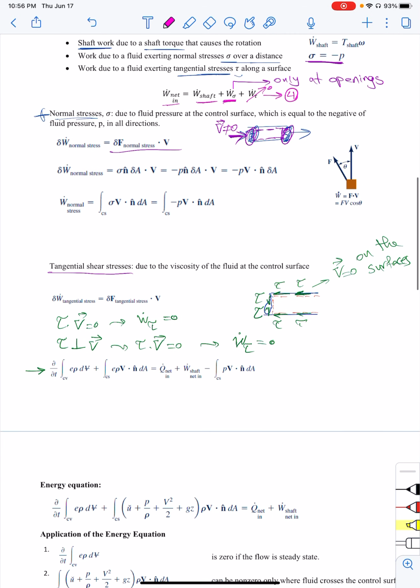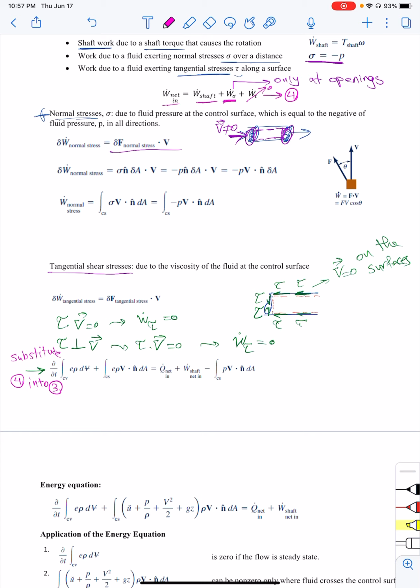So now let's see how we can get this equation here. If now I substitute equation number 4 into 3, we get this equation here.